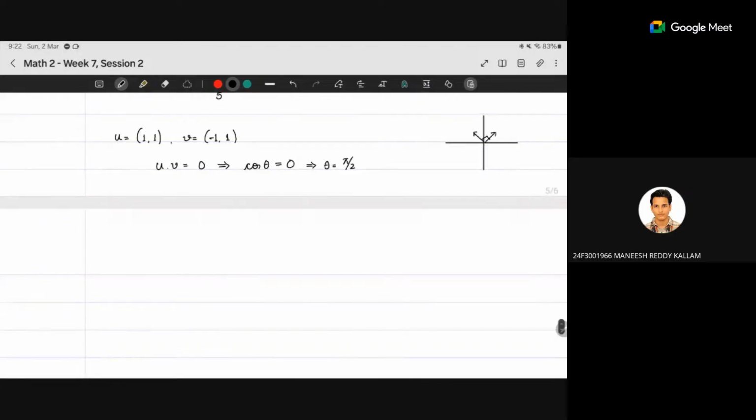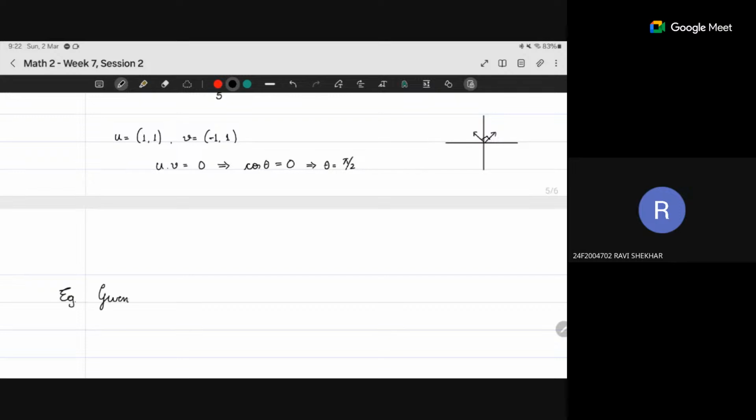So given a vector in R2, how many vectors are orthogonal to it? So infinite vectors, no? Okay, let me ask that question.